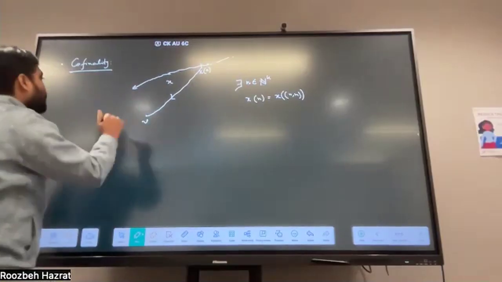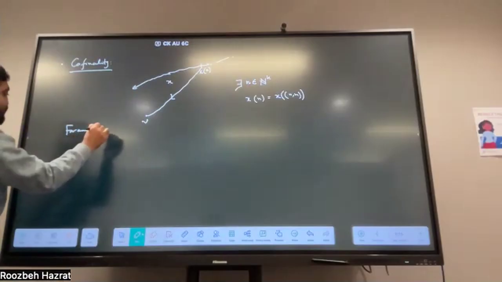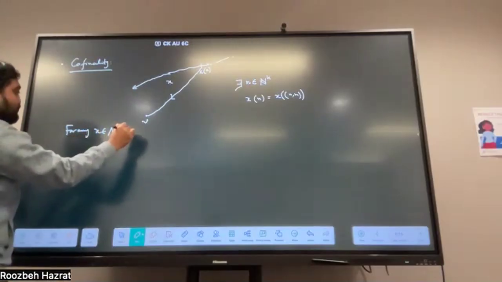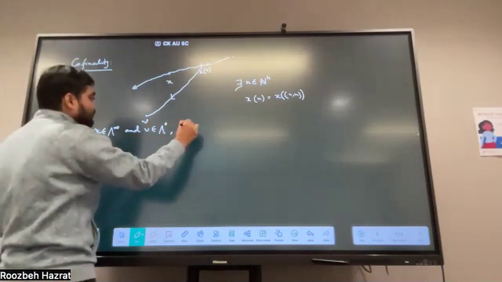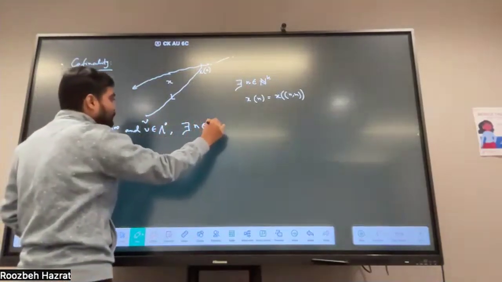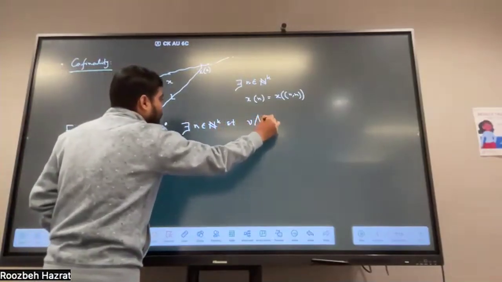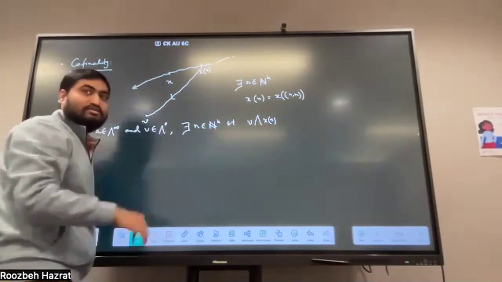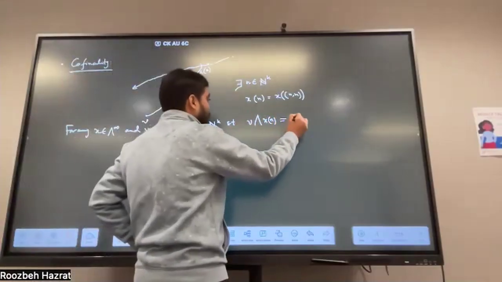That's the definition of cofinality: for any x and any v there exists some n such that v Lambda x(n), the set of all paths starting at this and ending at here, is not empty.